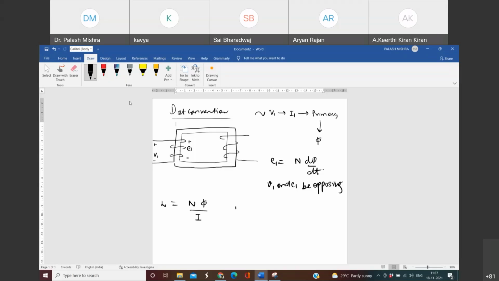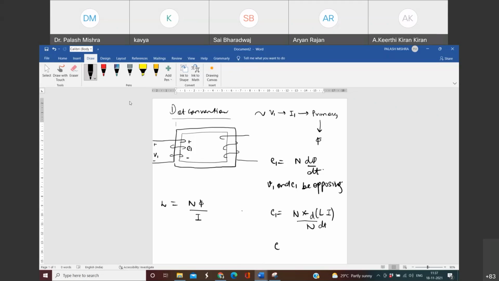If you put this phi here, you will get E1 as N times L i by N, d by dt.